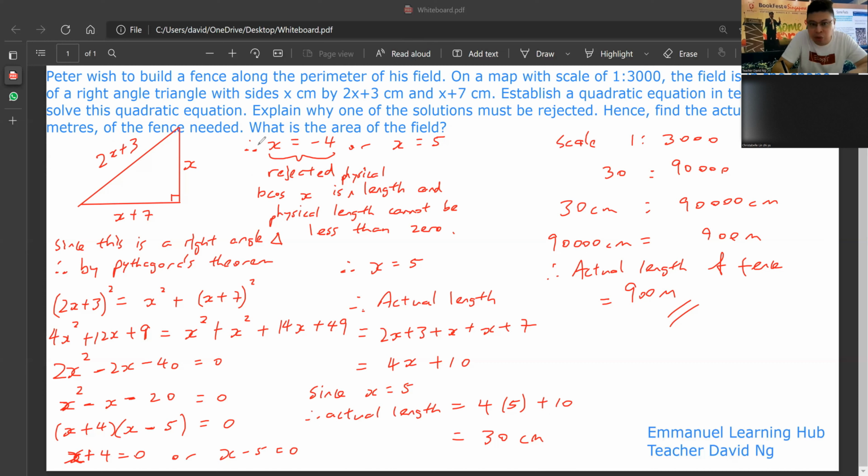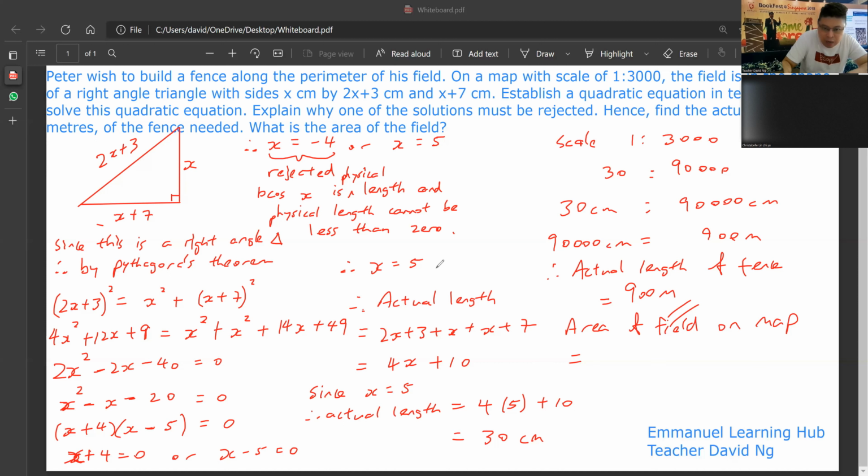Okay, now they ask you, right, area of the field. Field, not the map, field, area of the field. Okay, area on the map, right? Area of the field on the map. Half base times height, right?